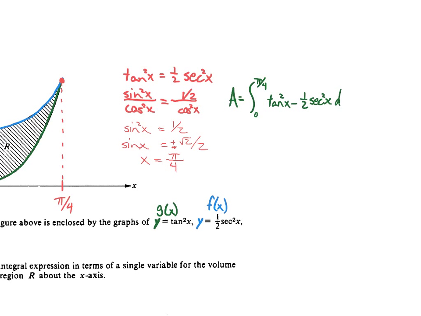Now, do we know the integral of secant squared? Oh wait, yeah, we already said that. That's the top right here. Thank you. Oh, I hate it when it does that.